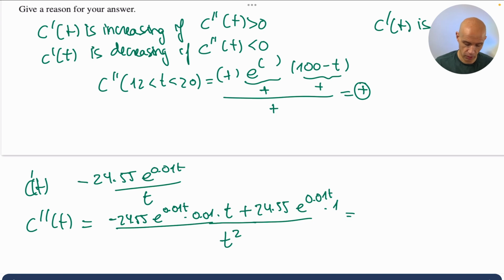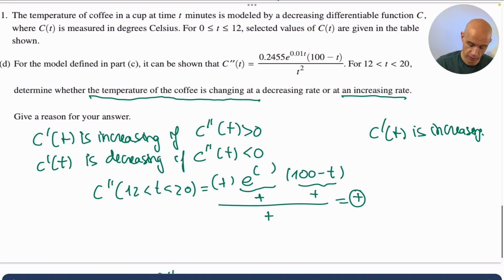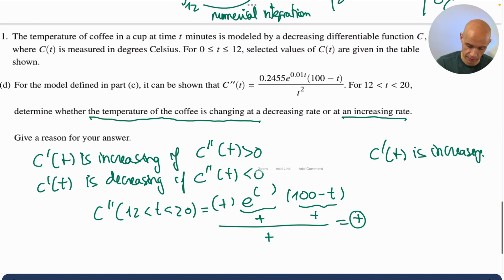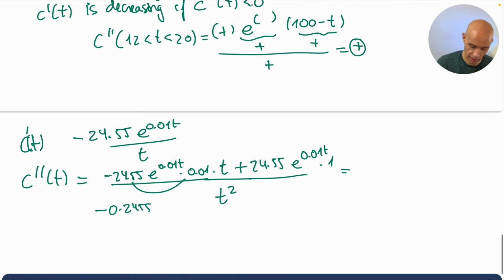And then you can see how you can get the same expression as here, because there is this 100, right? So basically these two would be the 0.2455 that they like, and let's see whether they like the minus sign, okay, with t, which we have here. So yes, you can see how this becomes just basically 0.24.